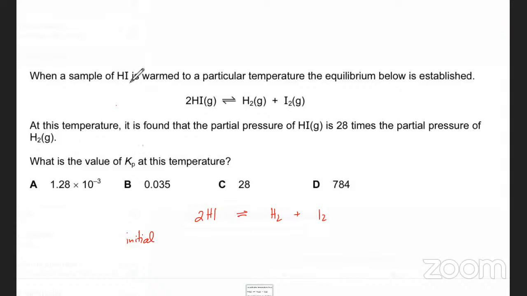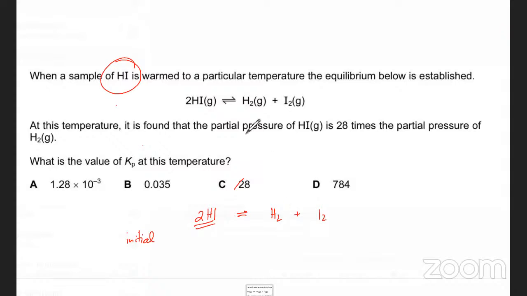As a first thing, initially there's only HI. So if initially you only have HI, then the amount of H2 and I2 that is going to be produced from that HI is going to be equal, right? So if there's 5 moles and all 5 moles react, that means 2.5 and 2.5 of this would be produced according to 2:1:1.